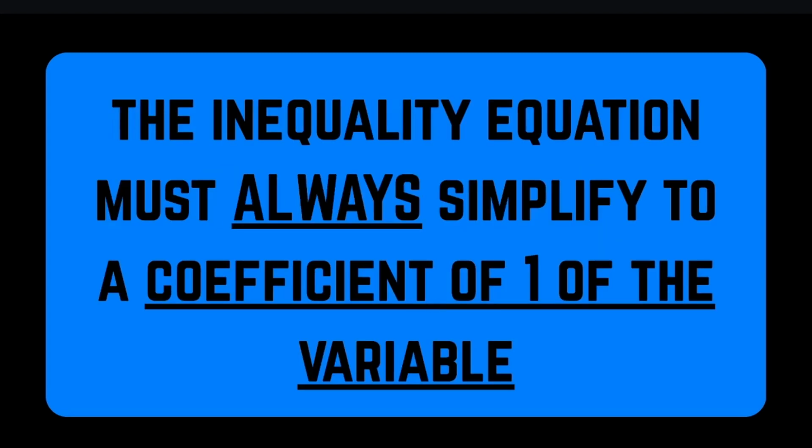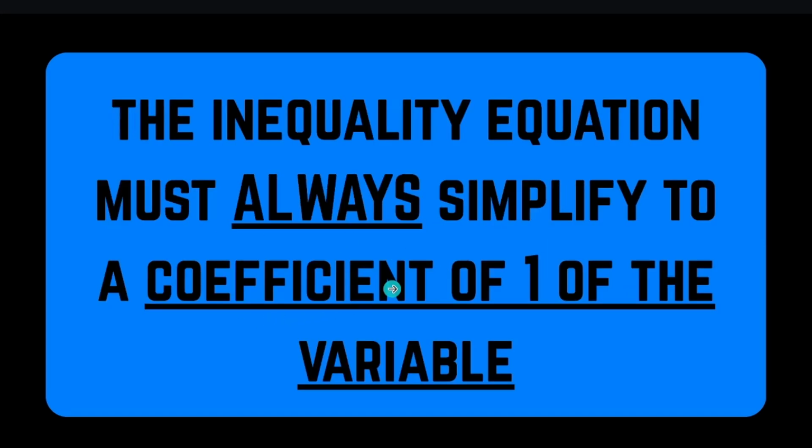So now that we got that down, I want you to look at this equation and tell me what you would think. Remember, you're thinking of this as an equal sign. So that will give you 3 is lesser than 3K. And yes, you saw this huge text, and I want to tell you that the variable, which in this case is K, must always have a coefficient of 1, which means there must always be only one K or one variable.